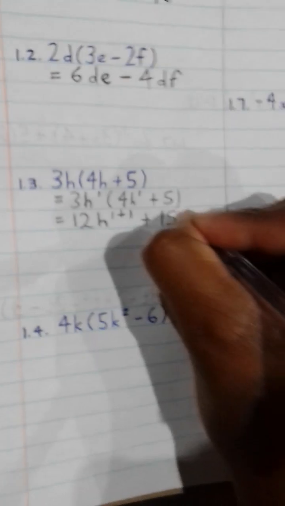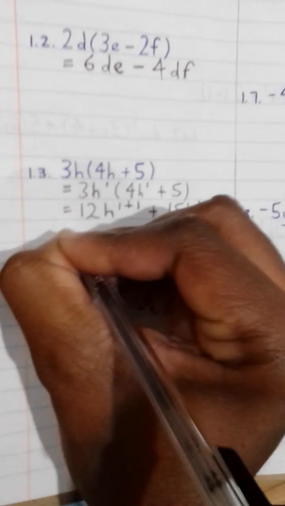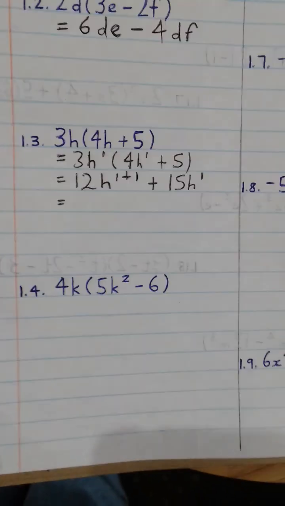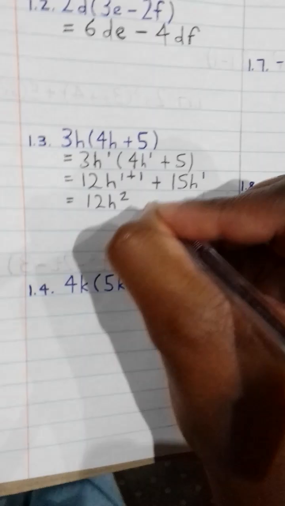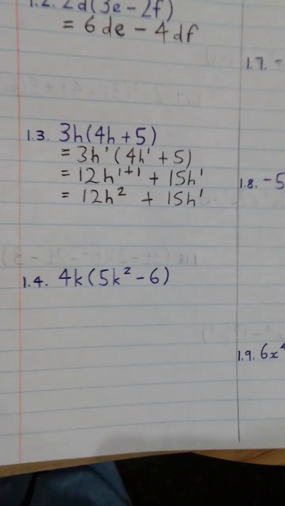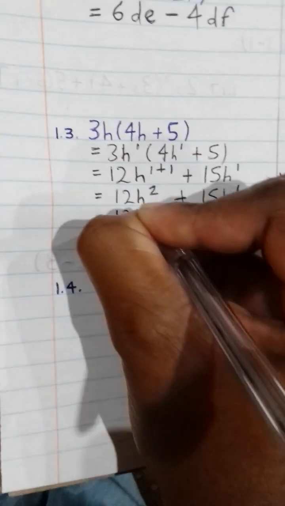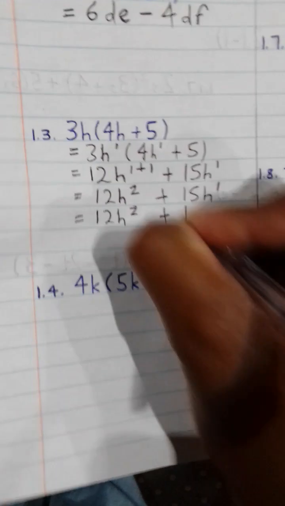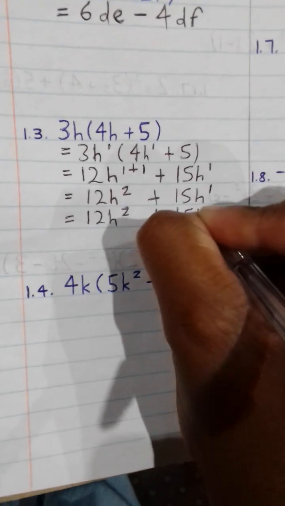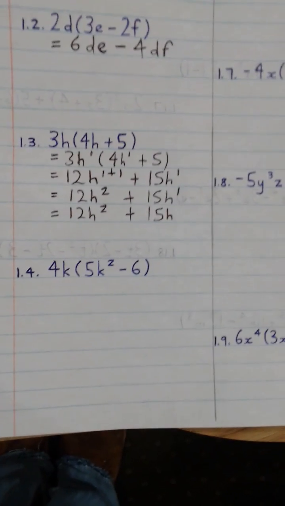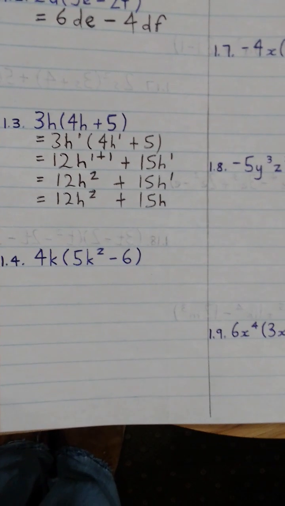Then we are left with h to the power of 1. 12h, 1 plus 1, 2, plus 15h to the power of 1. Remember, if the exponent is 1, we don't write it down. So your final answer is going to be 12h to the power of 2 plus 15h. I hope that is clear, and I hope that makes sense.